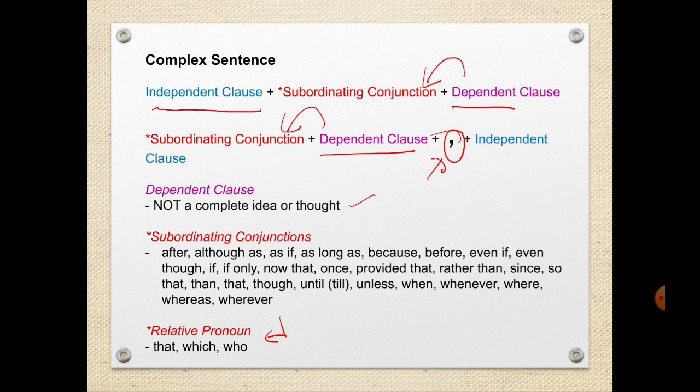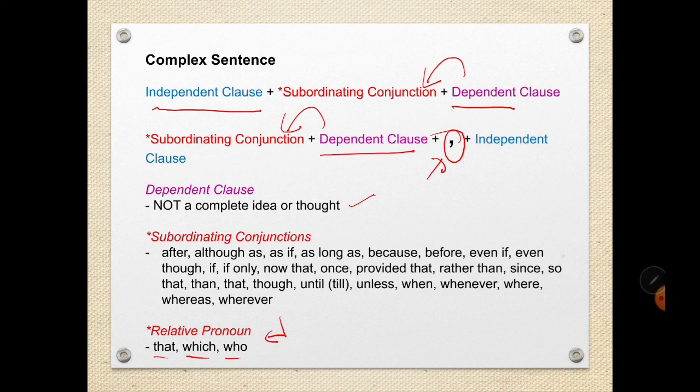So if you see one of the relative pronouns, that, which, or who, combining two clauses, independent and dependent, it basically means that the sentence itself is a complex sentence.